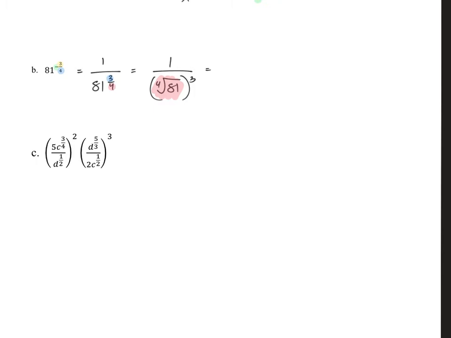The answer to that is 3. So the 4th root of 81 is 3. And then we're going to go ahead and cube that. 3 cubed is 3 times 3 times 3, which is 27. So my answer is 1/27.